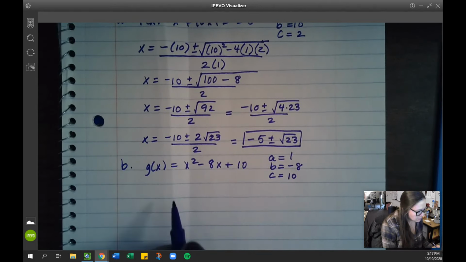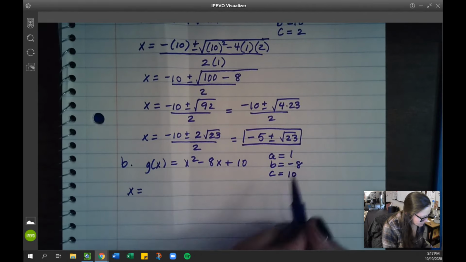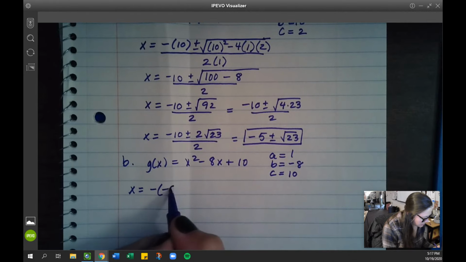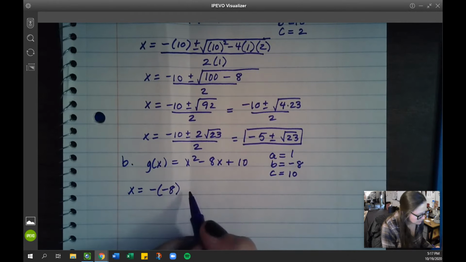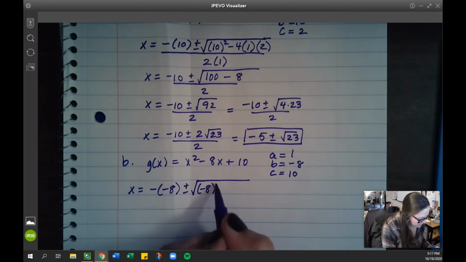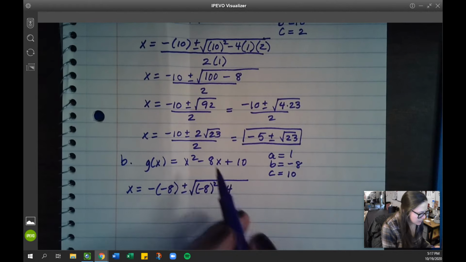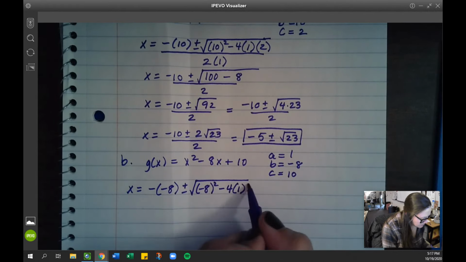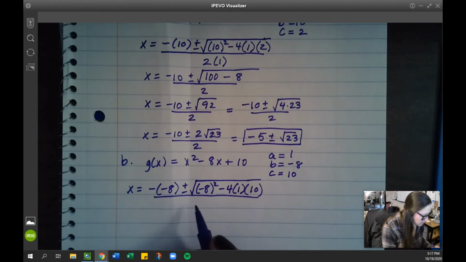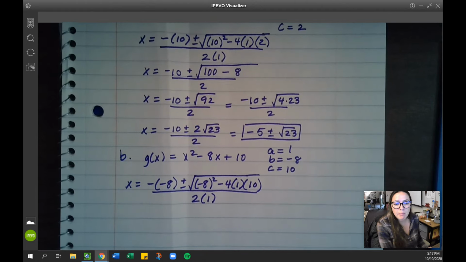Okay, so x equals negative b, so negative of negative 8, plus or minus the square root of negative 8 squared minus 4 times a times c. a is 1, c is 10, all over 2 times a, which is 1.